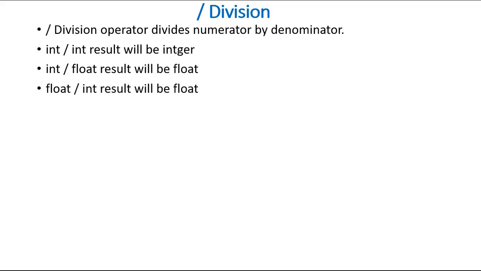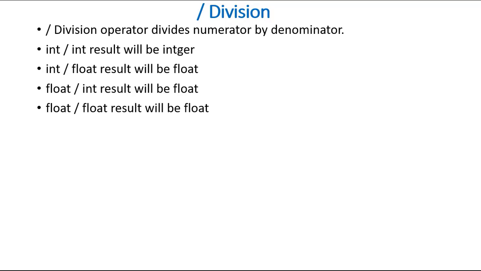If numerator is float, denominator is integer, then result will be float. If numerator and denominator both are float, then result will be float. So based on this we can come to one conclusion that if numerator and denominator both are integer, then only result will be integer, else result will be float.